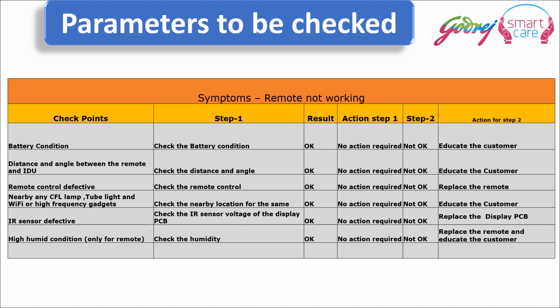We have to check each and every one of these probable causes, and then we have to see whether the problem is solved by checking all these causes, and the way to do it is shown in the forthcoming slides.